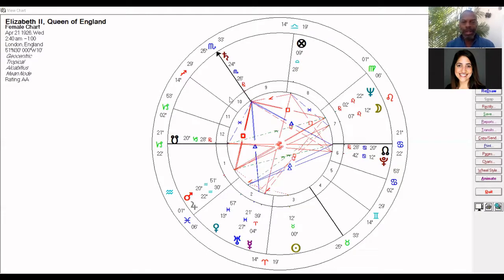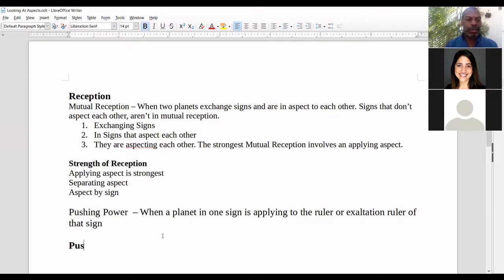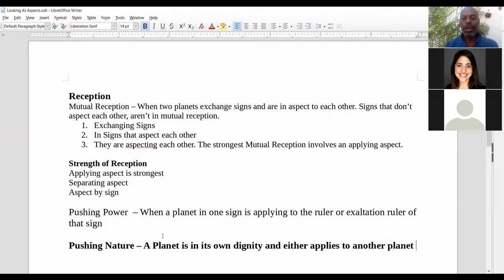Now, this is interesting because there's some stuff that I just kind of learned about this. Oh, we just did pushing power. Right. So pushing nature is the next one. Pushing nature is when a planet is in its own dignity and either applies to another planet or, I'm going to say this even though it's not in this book, is being applied to.